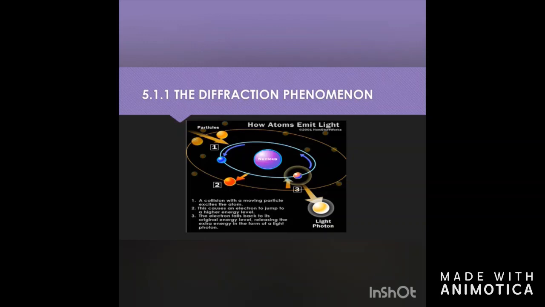When an electron drops to a lower orbital, it needs to release some energy. It releases the extra energy in the form of a photon. The energy of the photon depends on how far the electron drops between the orbitals.